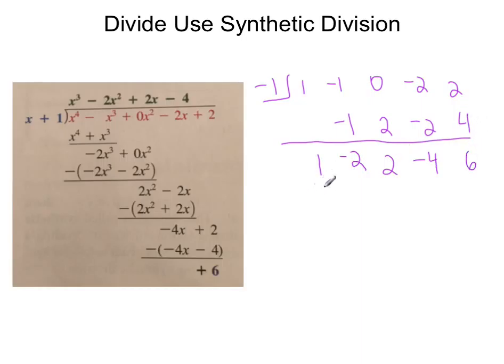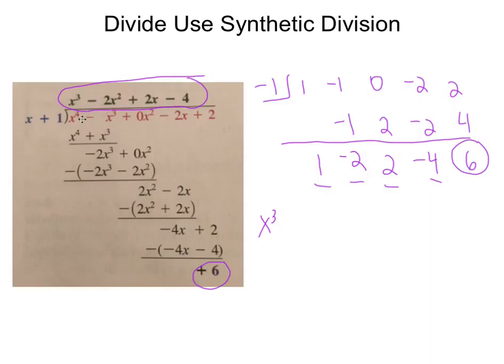And you should notice these are the coefficients of my answer up here. And this is my remainder. So how do we know how to write this? Well, I'm dividing by a linear factor, so the degree of my answer is going to be 1 less than what I'm dividing. So this 1 is going to go in front of x to the third.